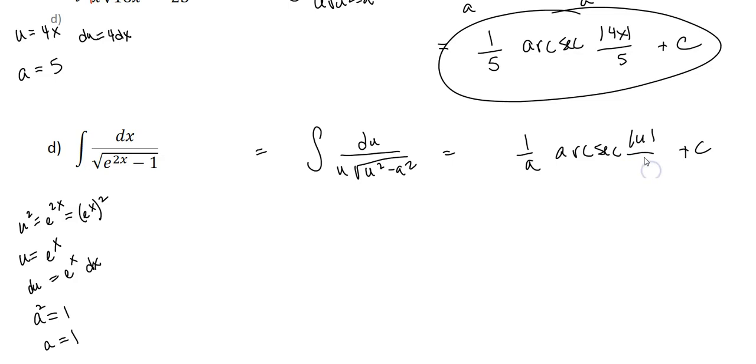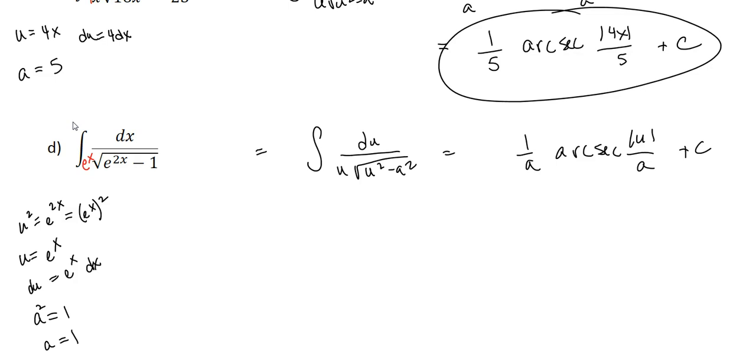But we don't quite have the form yet because we don't have u. Now, u is e to the x, so ideally I would be able to somehow get an e to the x here. We know that we cannot bring anything with an x to the outside of the integral, so I can't multiply by an e to the x on the outside. But if I can multiply by an e to the x on the numerator of the inside of this integral, then I will be in good shape.